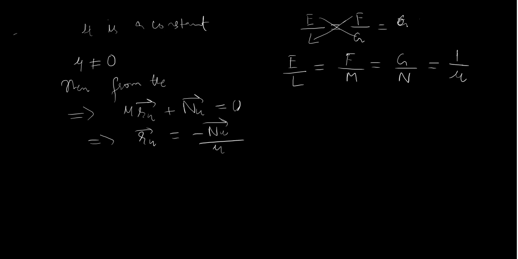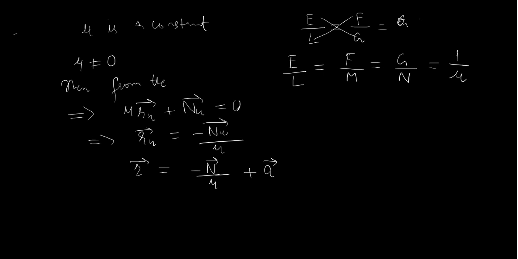And since mu is a constant, and here only the variable u is involved, where partial derivative with respect to u only, we can integrate and get that r is equal to minus n by mu plus a, where a is integration constant.